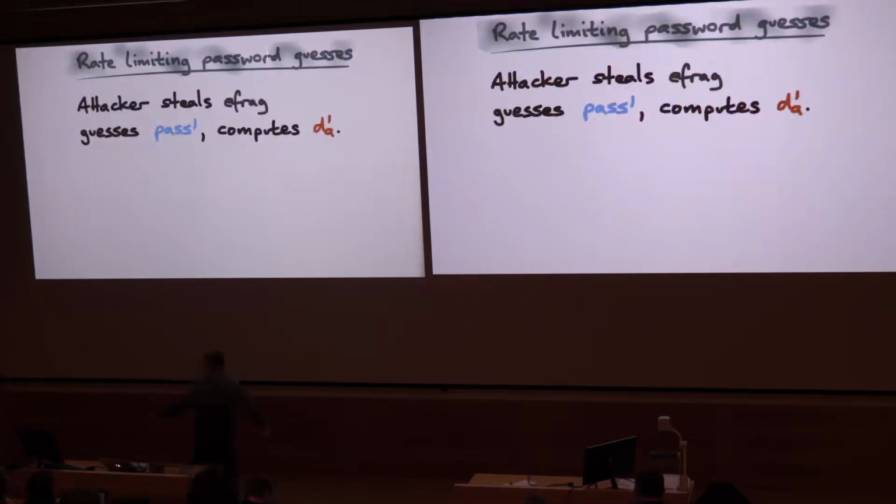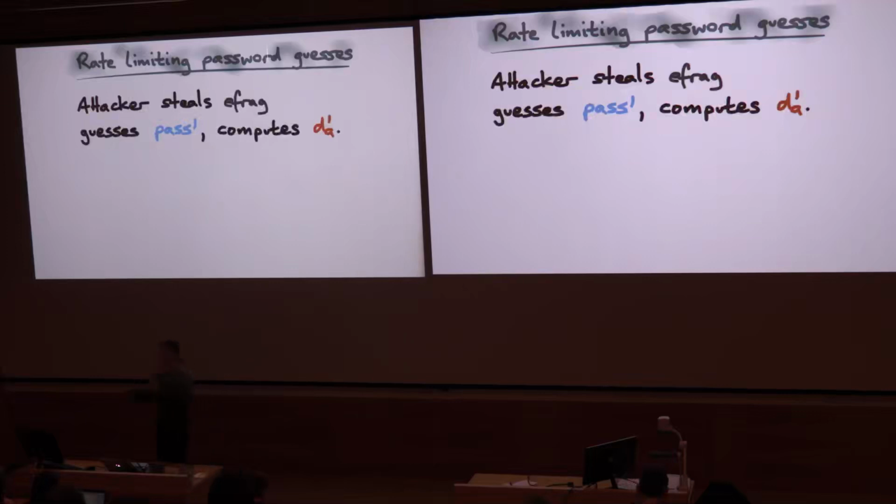The general principle here is you've got some attacker, they've stolen an encrypted key fragment. The key fragment is encrypted with a passphrase, a password that they don't know, but they can try to offline attack. And so they can try to guess this dA. But the key thing here is that just by looking at the decrypted fragment, the attacker cannot tell whether the password was correct or not.